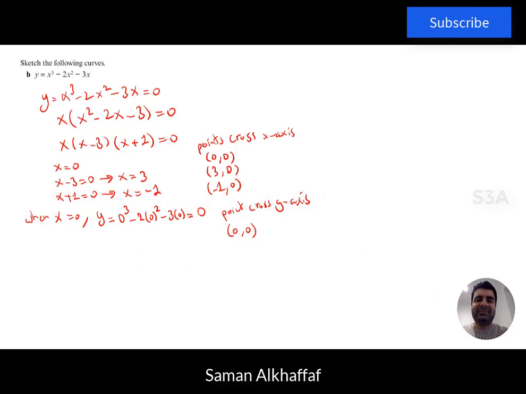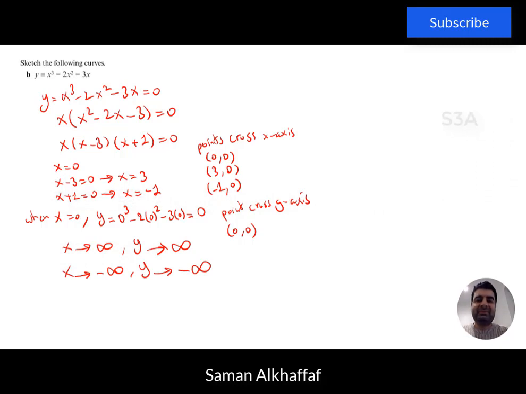Now in terms of the ranges, when x moves towards infinity, y also moves towards positive infinity, and when the x values move towards negative infinity, y also moves towards negative infinity. And this is the range that we would have.